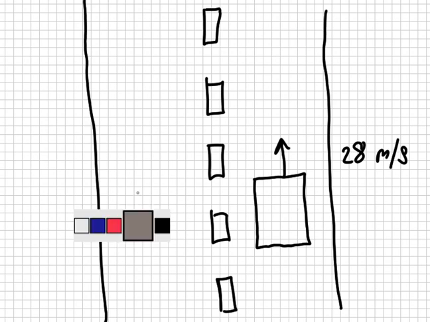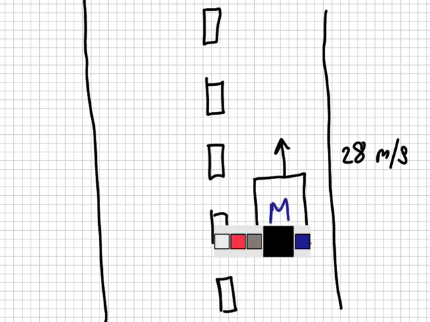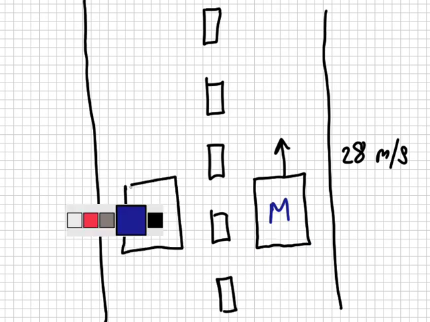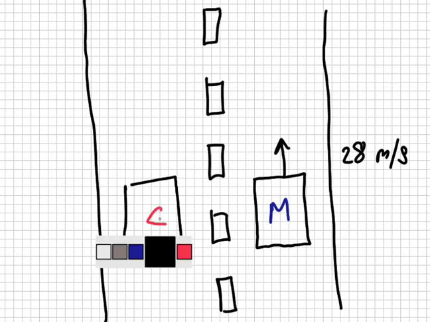So what you have here is the minivan, and then here is a camper van. It doesn't really matter, it's just another car. And then what happens, it passes, changes from the left lane into the right lane.